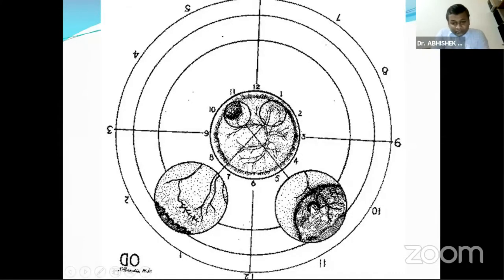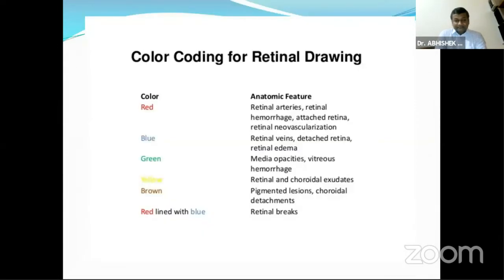The horseshoe tear can be seen in the center of the lens, so it will be drawn near the equator, and the lattice is seen more peripherally, so it will come between the first circle and the second circle. One thing to remember here is that we should draw the mirror image, not exactly the same thing.